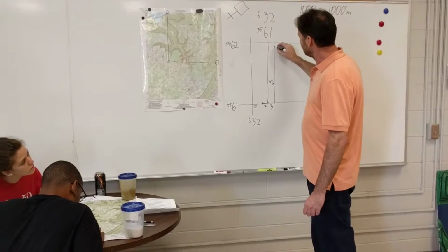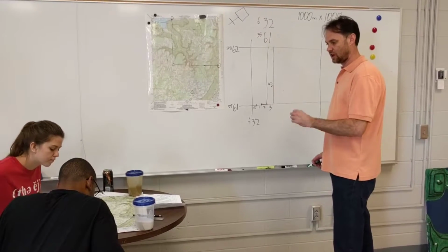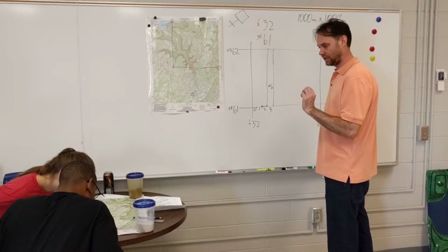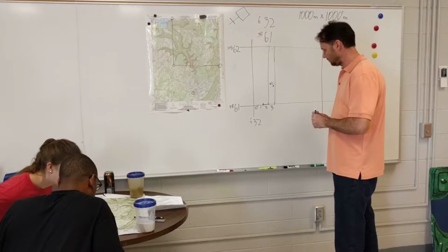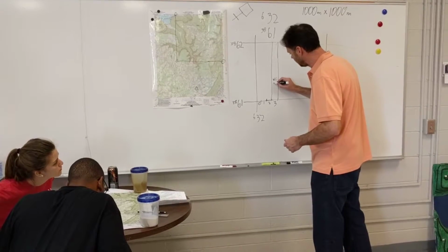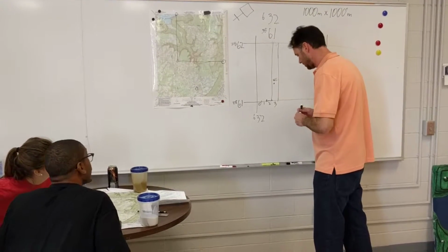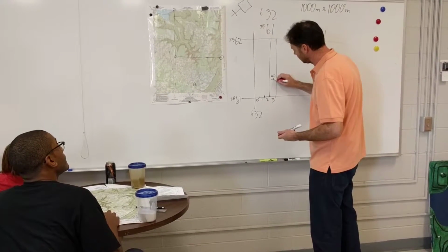Now, does it lie to the east or the west of the center circle in the box that it's in? I would say west. Okay. So something like, if the center circle is designated by this red dot, maybe something like that?